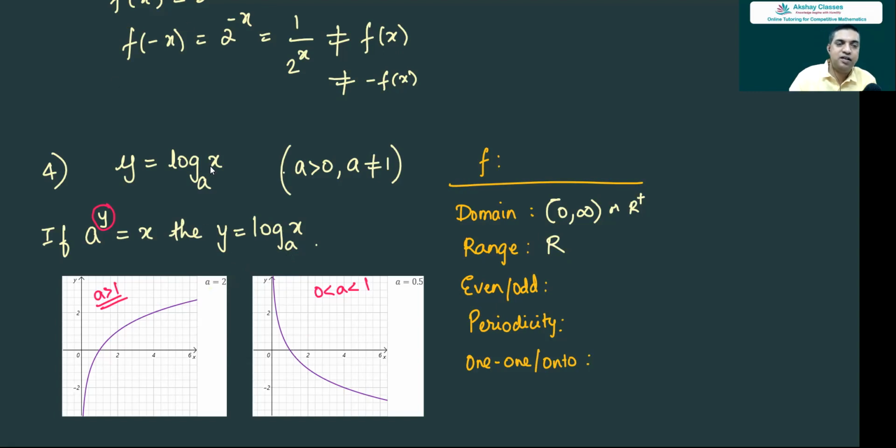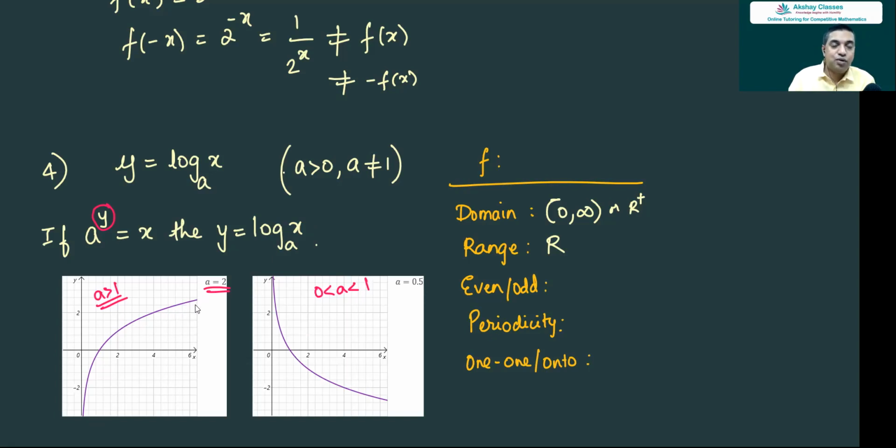So log of 2 power 100 to the base 2 will be 100. X is 2 power 10,000, log of x to the base 2 will be 10,000.